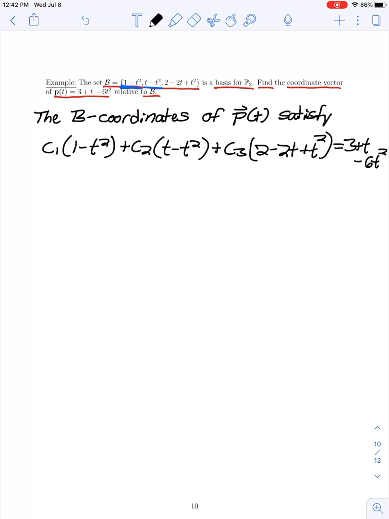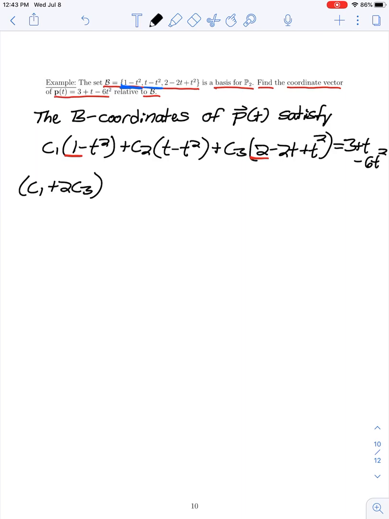So if we were to expand this left-hand side and group our coordinates according to powers of t, well, let's start with our constant coordinate. So we would have 1c1 plus 2 times c3 for our constant. So here we've got our 1c1, the second term didn't have any constants, and then 2 times c3.